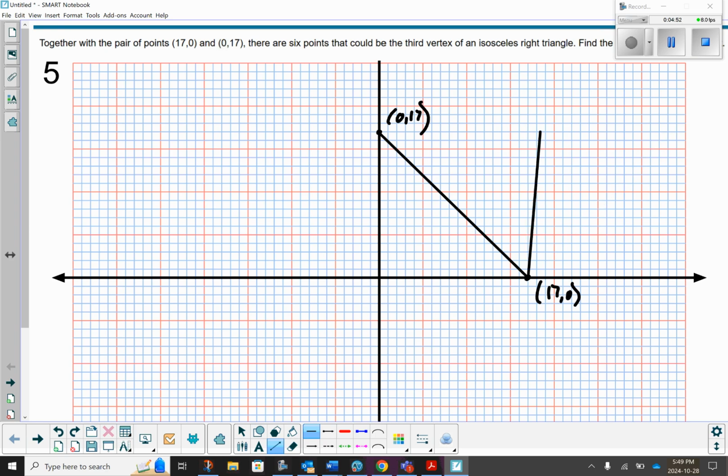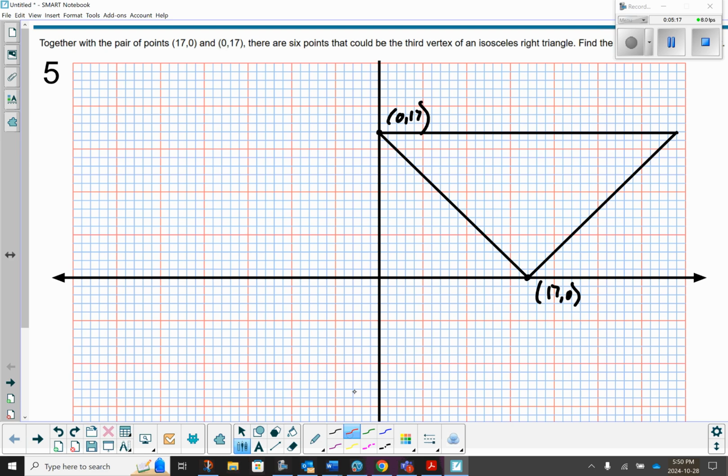So this is 1, 2, 3, 4, 5, 6, 7, 8, 9, 10, 11, 12, 13, 14, 15, 16, 17 spaces to the right, then I'm going to end up with a nice horizontal segment as the hypotenuse. Because if I'm making these perpendicular and congruent, that's an isosceles right triangle.